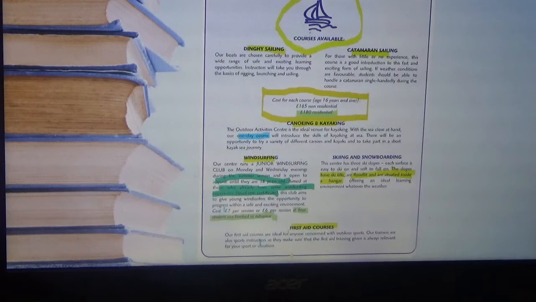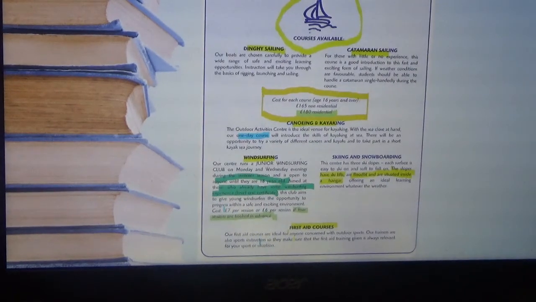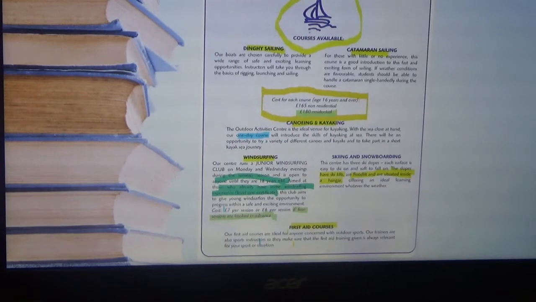Okay. Our trainers are also sports instructors. So they make sure that the first aid training given is always relevant. I guess we have it here. We stop here, because the question is other useful experiences.